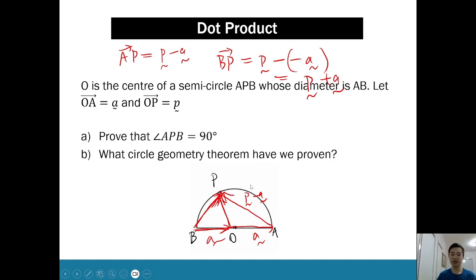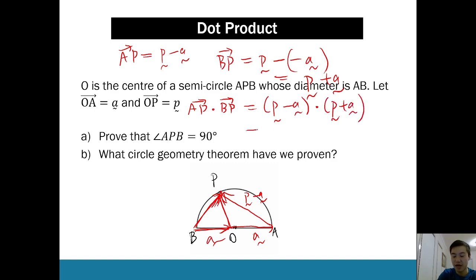So what I can do now is take the dot product of them. The dot product of AP with BP is going to be the dot product of P minus A with the vector P plus A. Now I can expand it using the distributive law of the dot product.